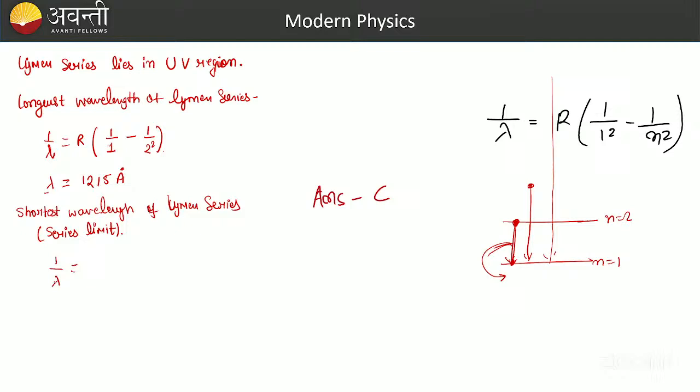We want to increase the value of lambda. So that should be R into 1 upon 1 square, and for that you should place infinity here. It means that the electron is transiting from the infinity state to the ground state. That will ultimately lead you to 1 upon R, which is nothing but 912 angstrom. Lambda is equal to 912 angstrom.